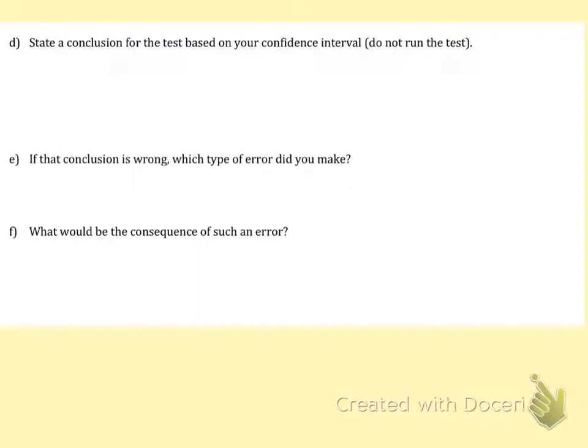Part D says state a conclusion for the test based on your confidence interval, but don't actually run the test. So remember that the confidence interval was completely negative. The entire thing was below 0, which means that since 0 is not in the confidence interval, P1 minus P2 is not going to be 0, meaning that P1 cannot be the same as P2.